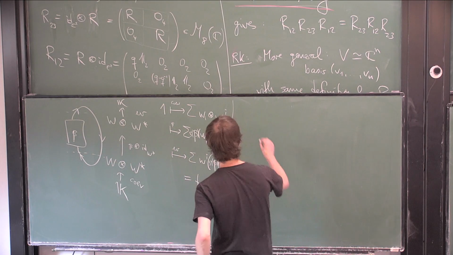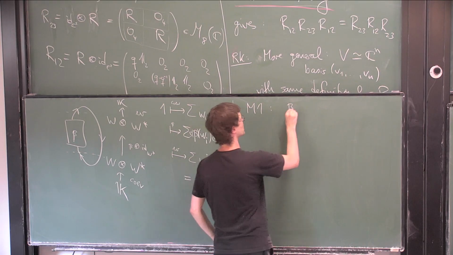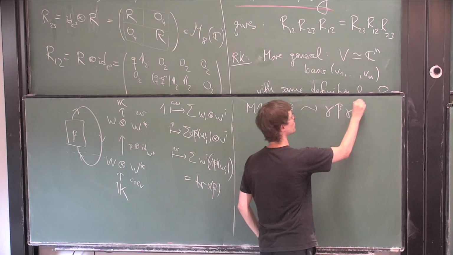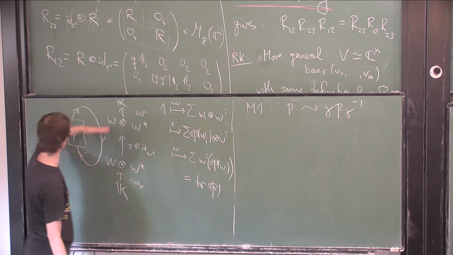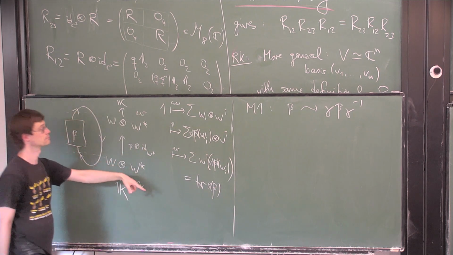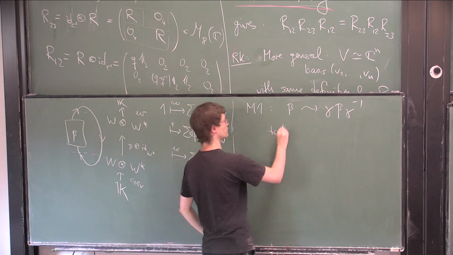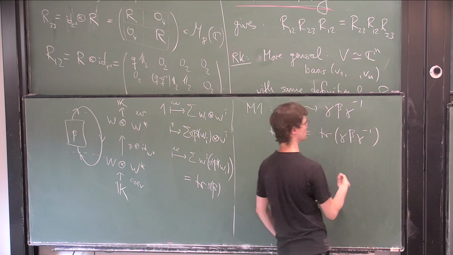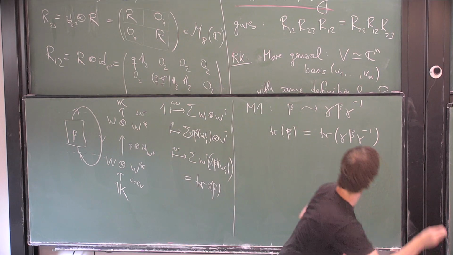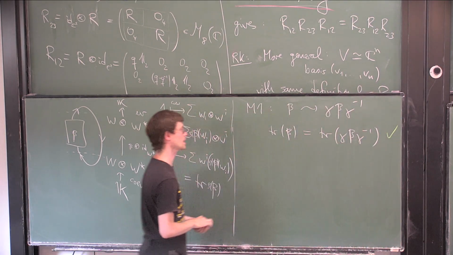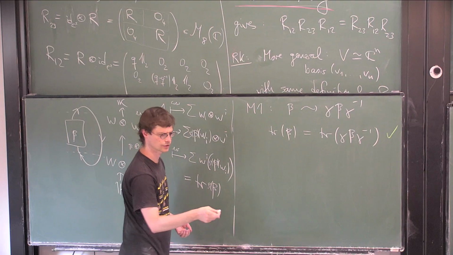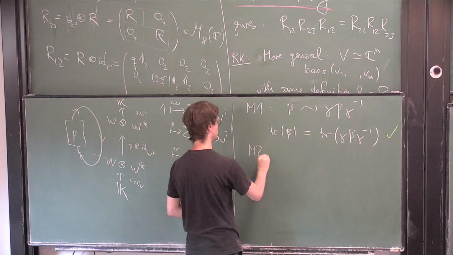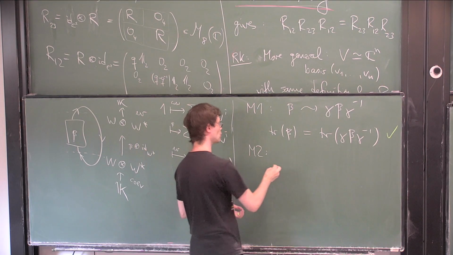And there were these two Markov moves. One was you replace beta by gamma beta gamma inverse. And somehow what we do when we close, we just take the trace. So this is good, because trace of beta is equal to trace of gamma beta gamma inverse. This is okay. But M2 is not true.